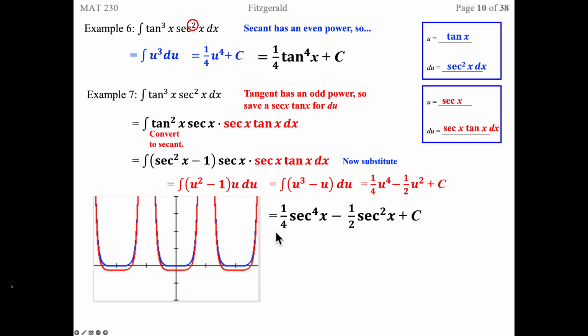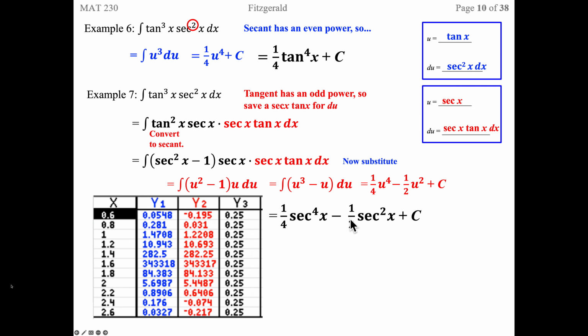Then the next thing I did is I took in my table, y3, I made that y1 minus y2, and if you look at my table, all the points differ by 0.25. So if this was my blue curve, if my constant was minus 0.25, it would match this curve. If I put in a plus 0.25, it would match that function.